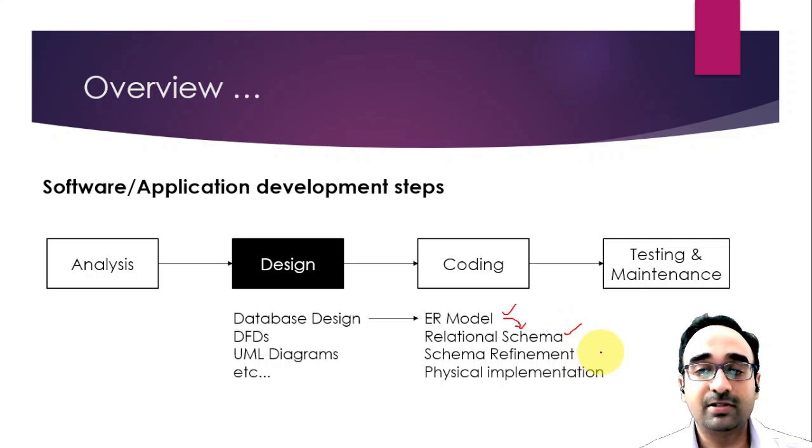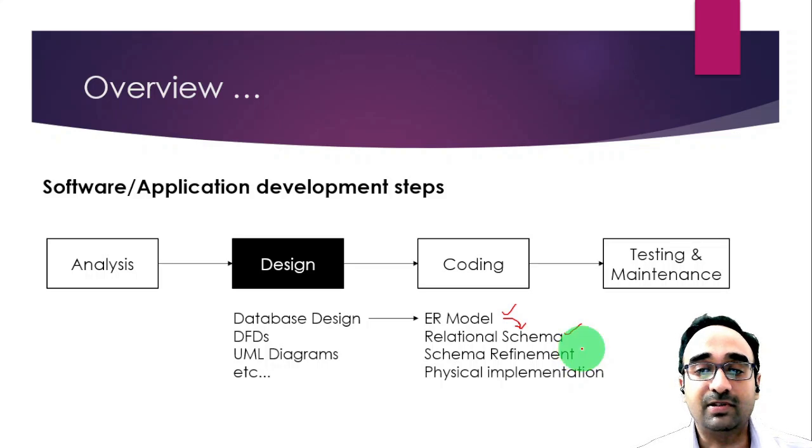A relational schema is defined as the collection of relations, that is tables, and for each table the table name and different attributes and their types in the table. That is called relational schema, or database schema.